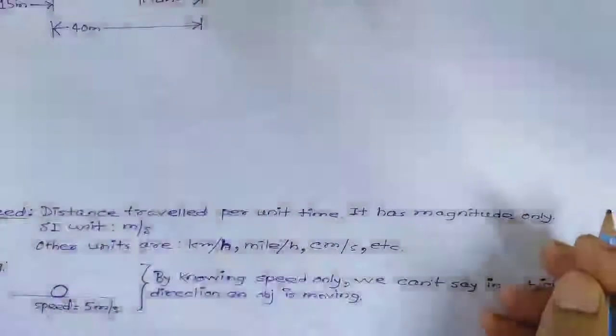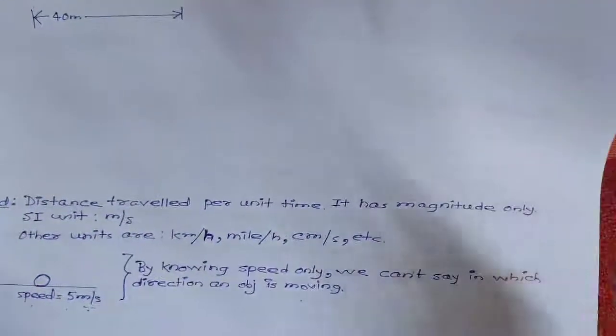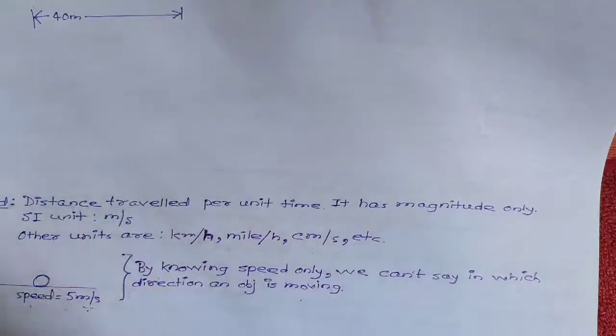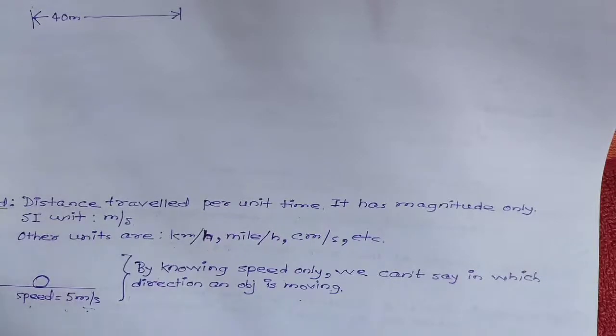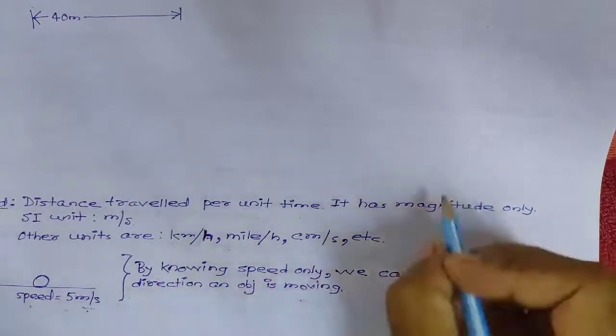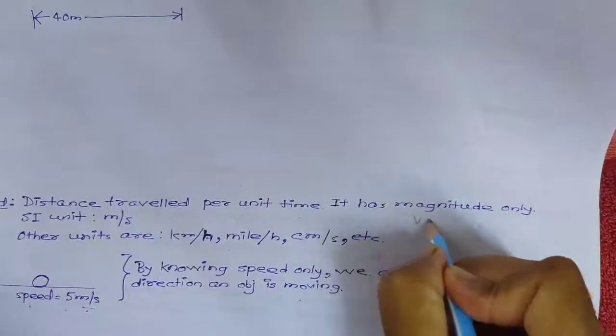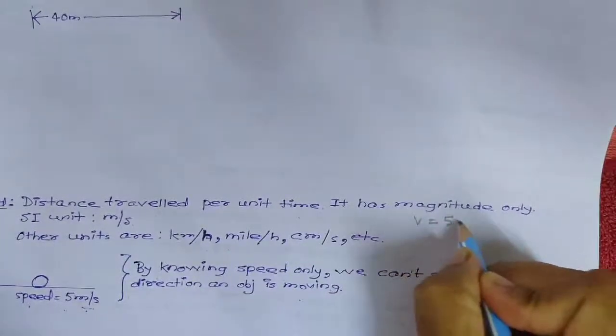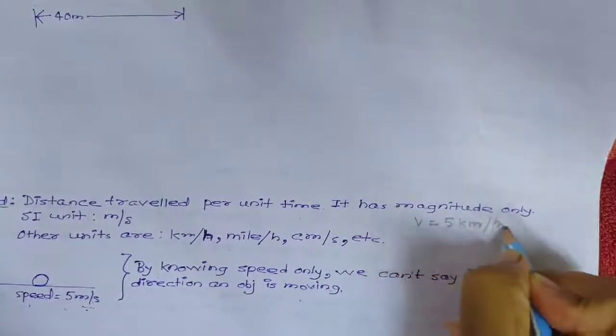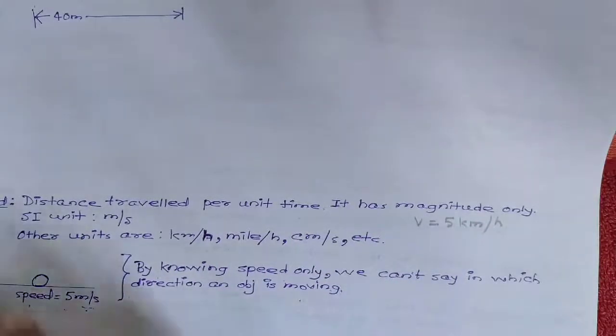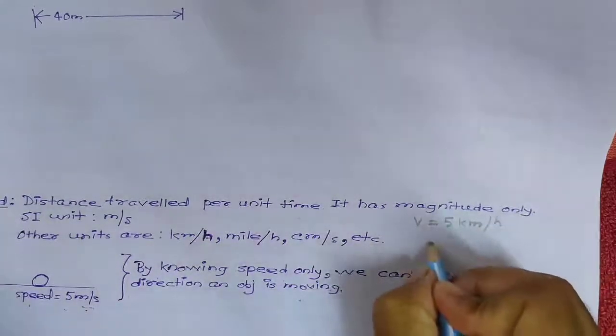So while solving a numerical question, it would be good if you start taking the values of the physical quantities in terms of their SI unit. Suppose the speed is written as 5 kilometer per hour. Okay, and if you want to convert it into meter per second, will you be able to? I think you should be. So let us try to do it.